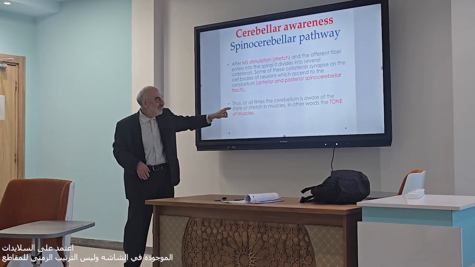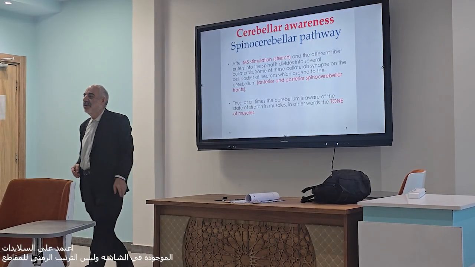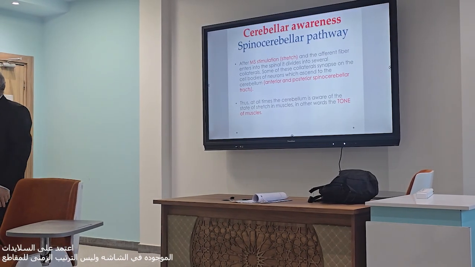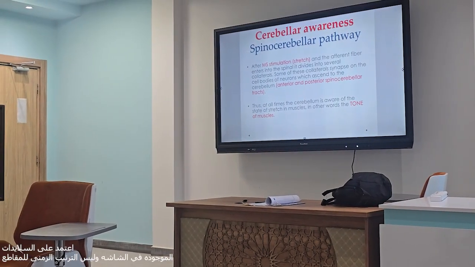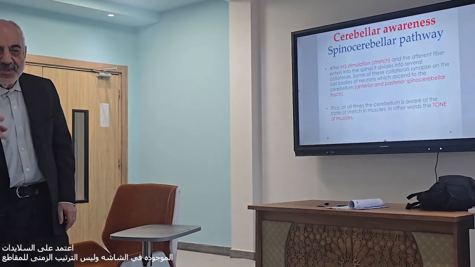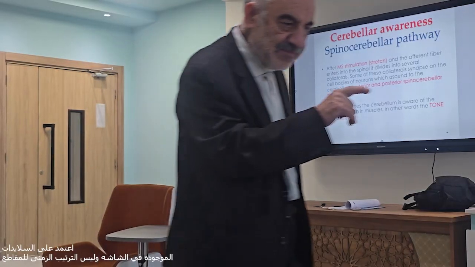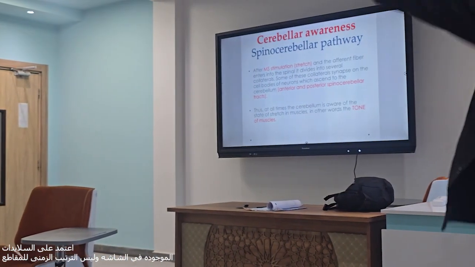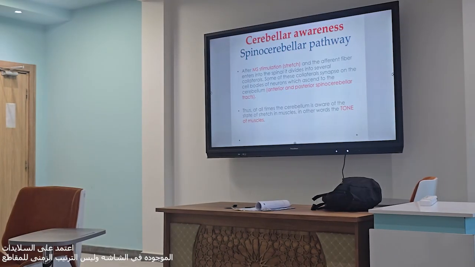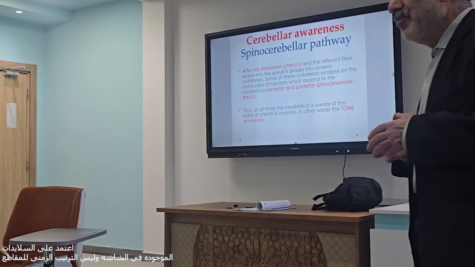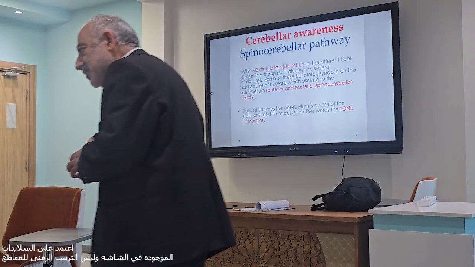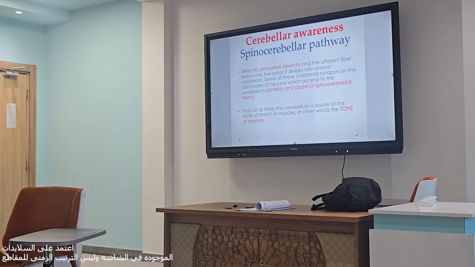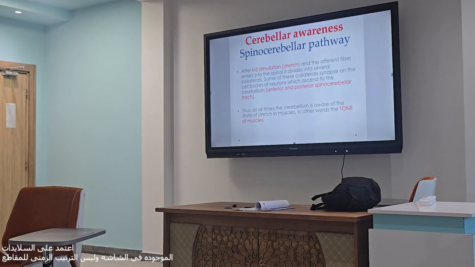We have the spinocerebellar tract. Spino means spinal, cerebellar means cerebellum. It means the passage is from the proprioception to the spinal cord to the cerebellum. So by stretching exercise, by balance exercise, you stimulate the spinocerebellum.